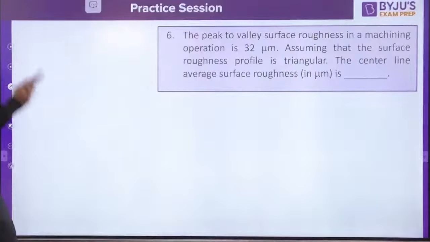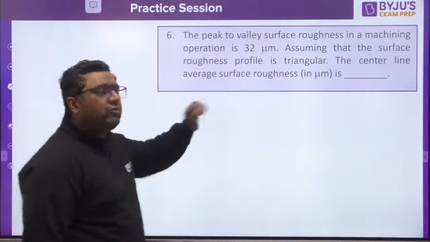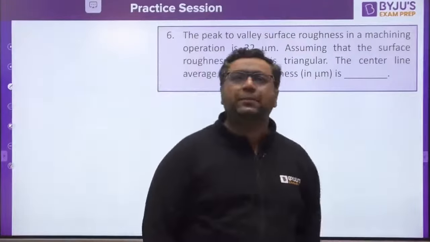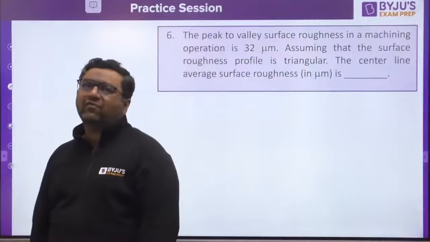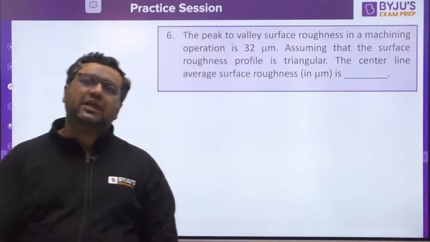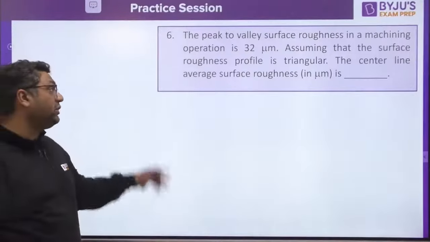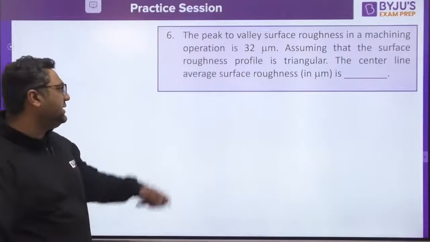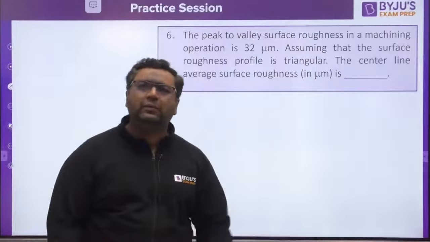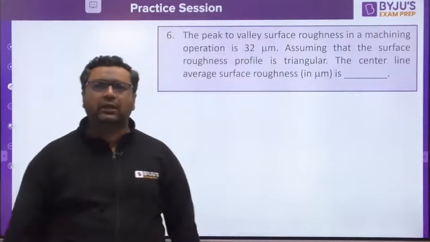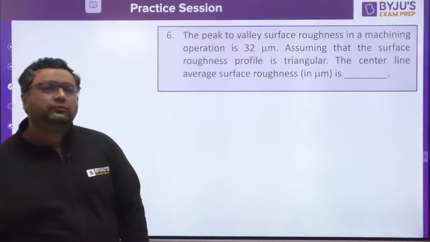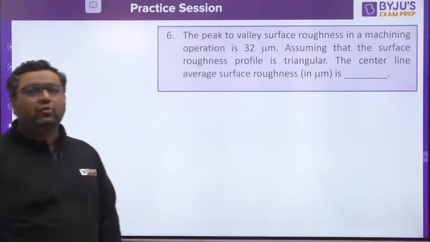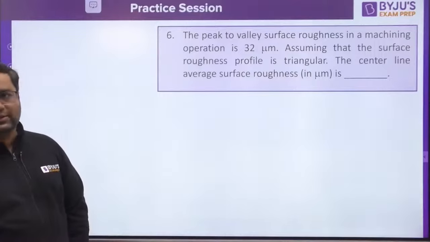Question number 6. My dear, this is from the inspection part of metrology, where they have given you the maximum surface roughness and they are asking about the average surface roughness. Yes, it is a NAT, but in the paper you will get it in the form of an MCQ only. So just solve it. Tomorrow we have the session related to machine design.